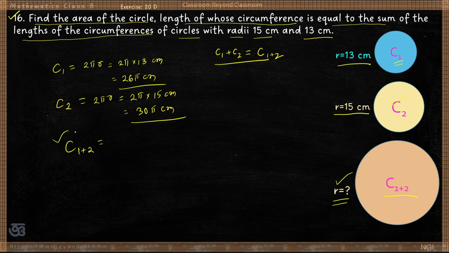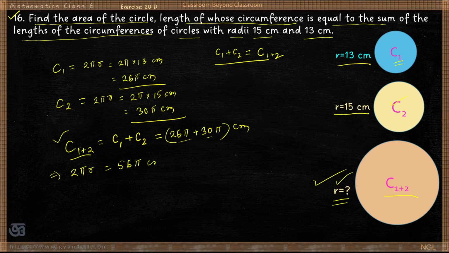Now circumference of the biggest circle is equal to the sum of the circumference of circle 1 and circumference of circle 2, and this is equal to 26π plus 30π centimeter. And the circumference of this circle is equal to 2πr, where r is the radius of the biggest circle, and this is equal to 26 plus 30, this is 56π centimeter.